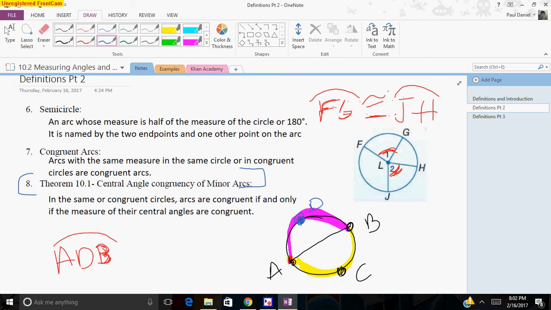So I'm going to end up with a congruent arc in congruent circles or the same circle if the measure of that central angle is congruent. Also that means if the measure of the central angle is congruent, then the measures of our arcs are congruent. Remember that if and only if statement works both ways.